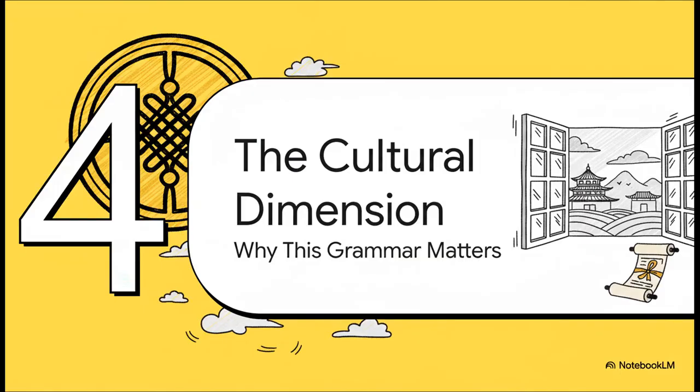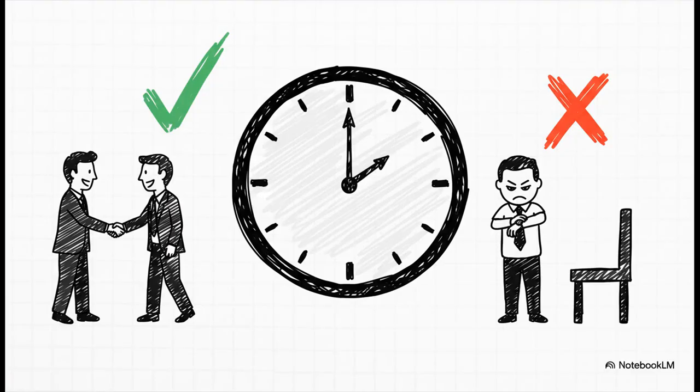So we've nailed the grammar, we've practiced the pronunciation, and that's all essential stuff. But to really, truly master a language, you have to go deeper. We need to understand the cultural context, because this grammar rule isn't just random. It actually tells us something really important about cultural perspectives. And here's the key cultural insight: the massive importance of punctuality.